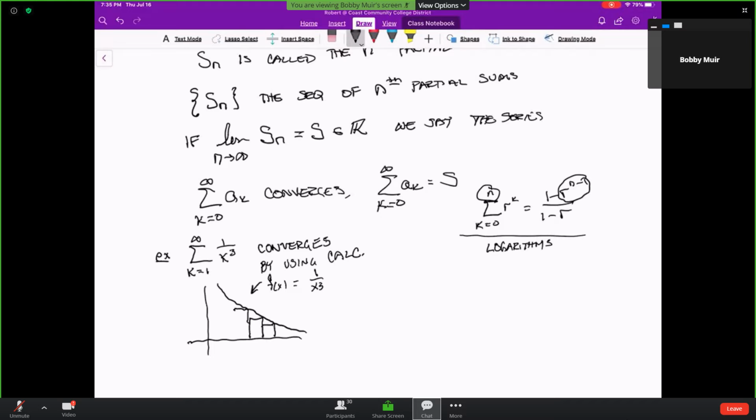This is the integral test for next week. The integral from 1 to infinity of f of x, well, the sum k equaling 1 to infinity of 1 over k cubed would be adding up all of these rectangle areas.